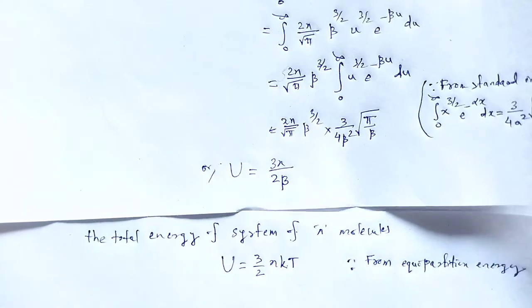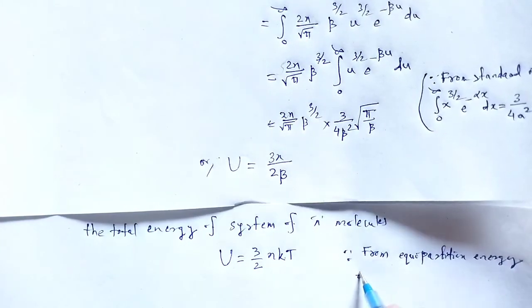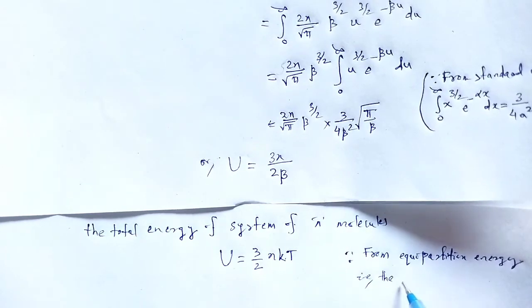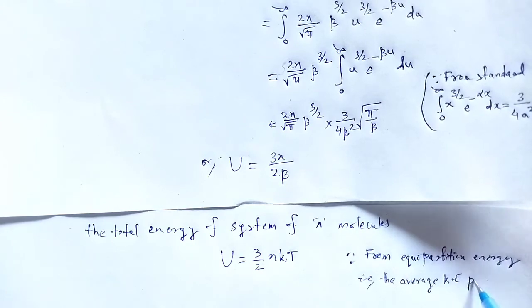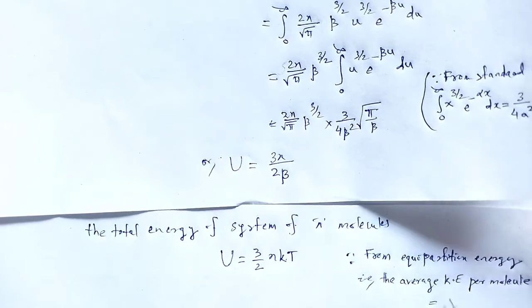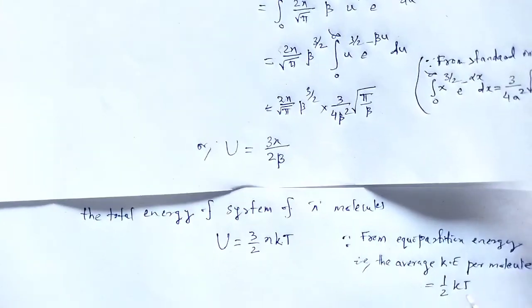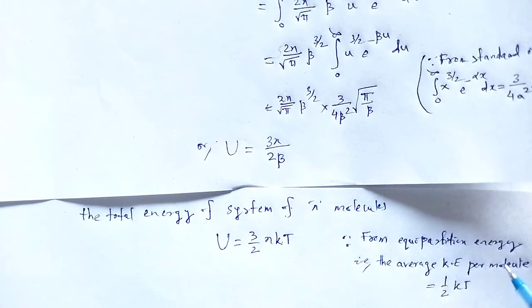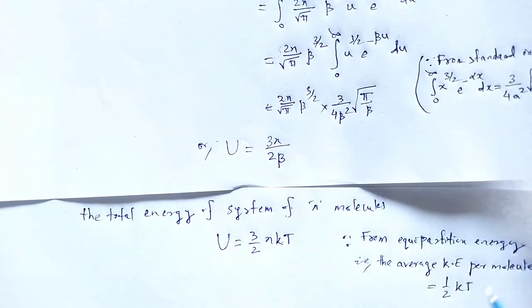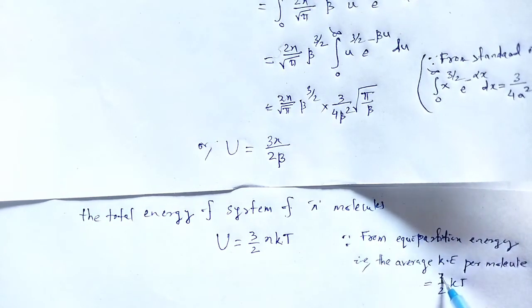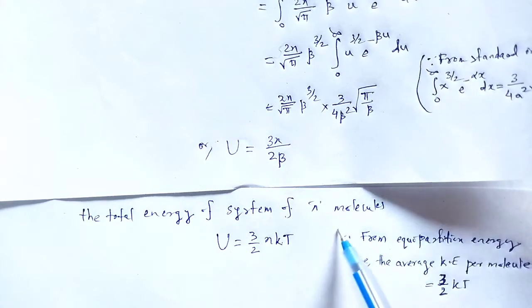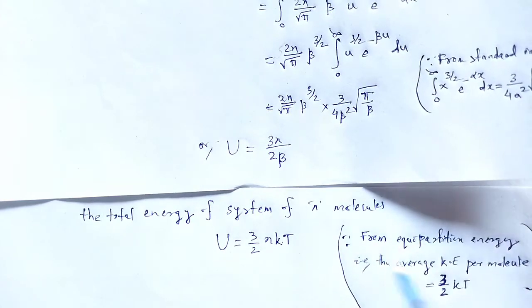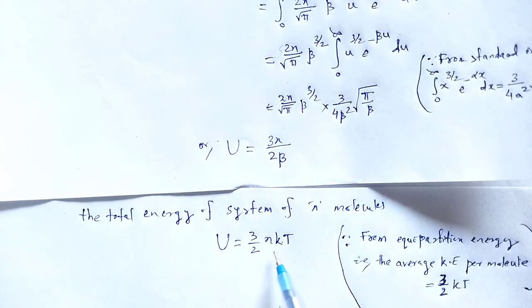The average kinetic energy per molecule is 3 by 2 kT, k being the Boltzmann constant, T the temperature. For n number of molecules, that will be 3 by 2 n kT.